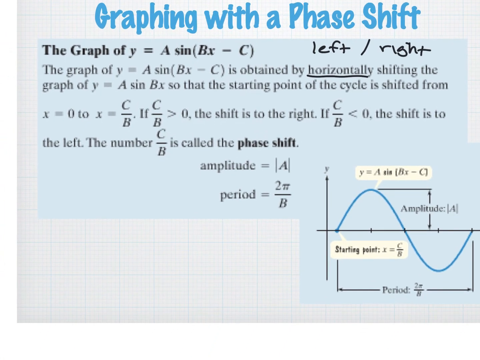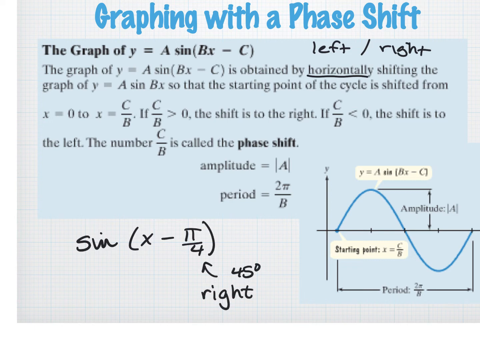So for example, if I gave you sine of x minus pi over 4, remember, this pi over 4 is 45 degrees. So what we're doing is backwards of what you would think. You would think minus would be left, but really we're going to be shifting it 45 degrees to the right.